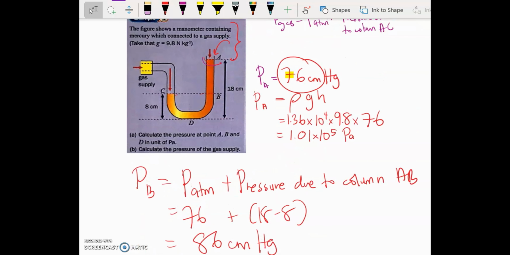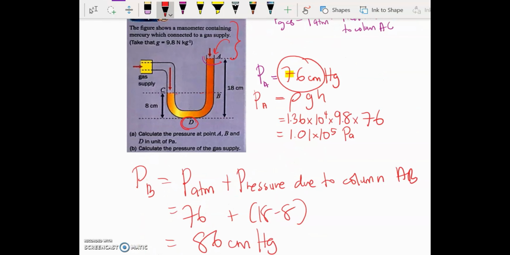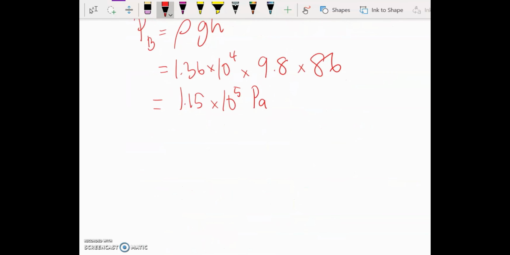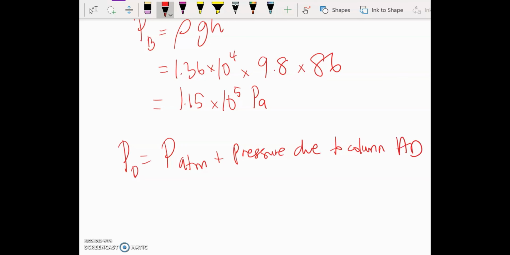Okay, next, pressure at D. The height of the mercury column from A to D is 18. So pressure at D is equal to atmospheric pressure plus pressure due to column AD.